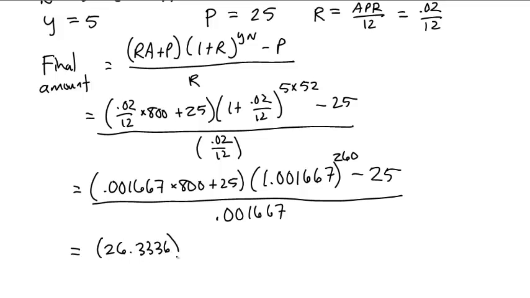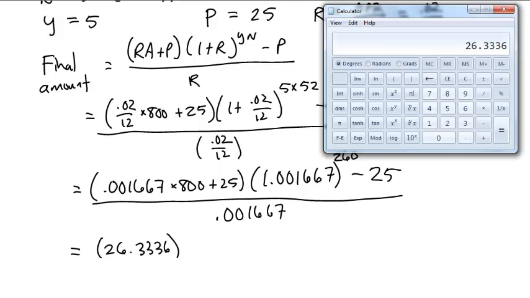Why not use as many digits as we can? And then we also have 1.0016667, I missed the 1, raised up to the 260th power, and that gives me, let's do 4 significant digits, 1542.